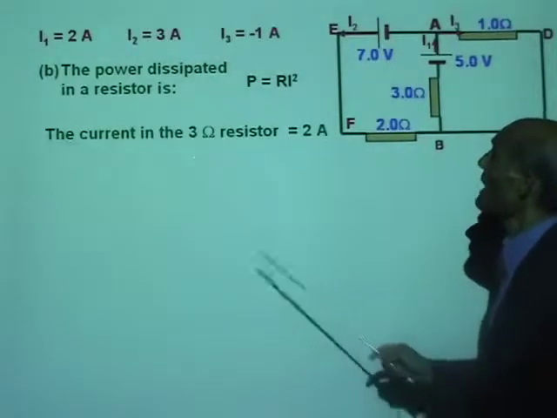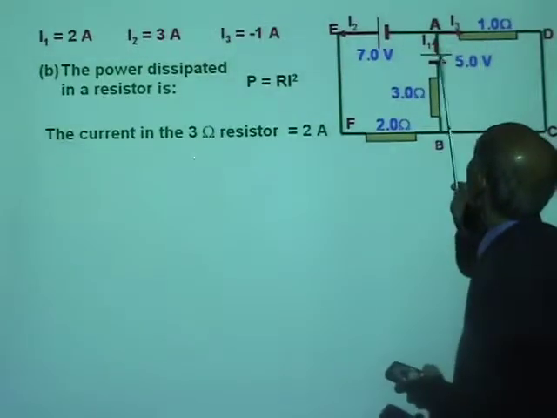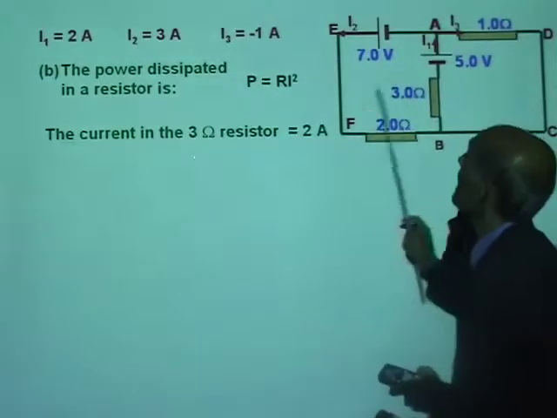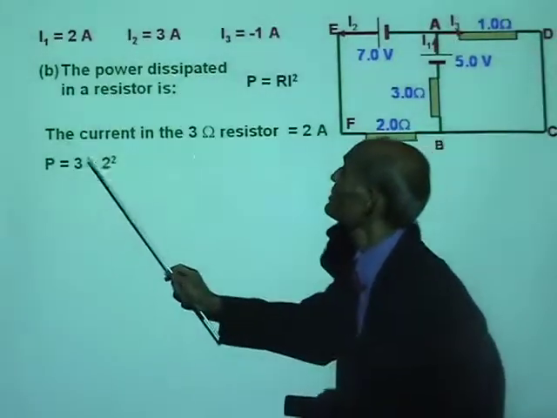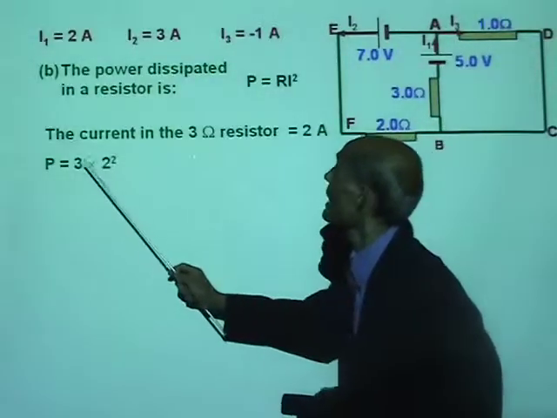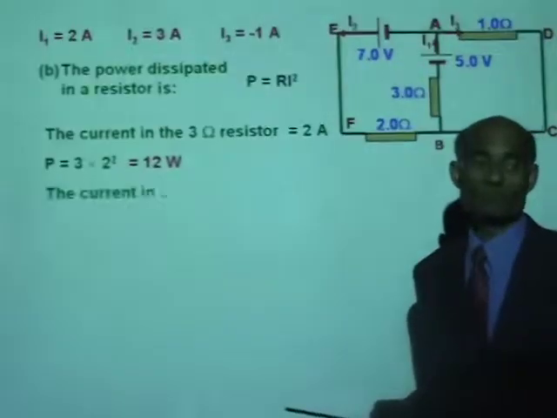So let's find the power dissipated in the 3 ohm. The current in the 3 ohm is I1, which is 2 ampere. So the power dissipated is 3 times 2 squared, Ri squared, that is 12 watt.